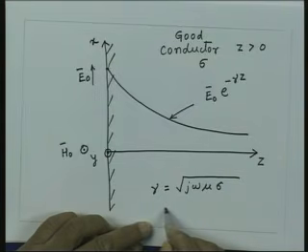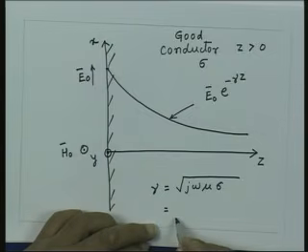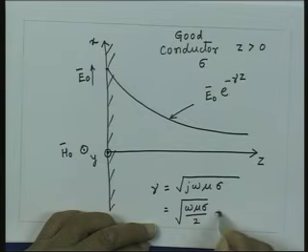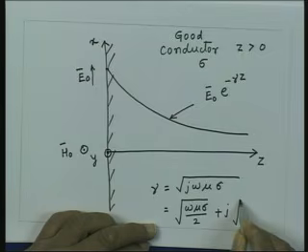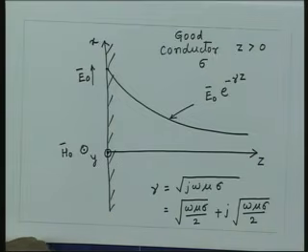By separating out the real and imaginary parts, we know it gives you the attenuation constant and the phase constant. So this, as we have done earlier, is square root of omega mu sigma upon 2 plus j times square root of omega mu sigma upon 2.